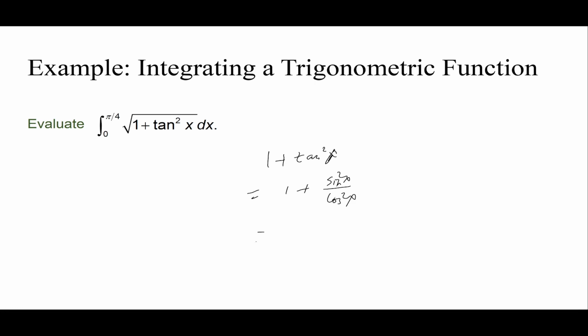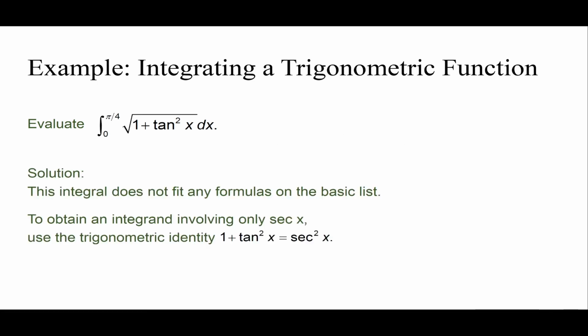And if you play with that, I can just make the 1 into cosine squared x over cosine squared x, and that will give us cosine squared x plus sine squared x over cosine squared x. And then eventually that will change this 1 plus tan squared x into secant squared x. So that's how we can change this problem into a secant problem.